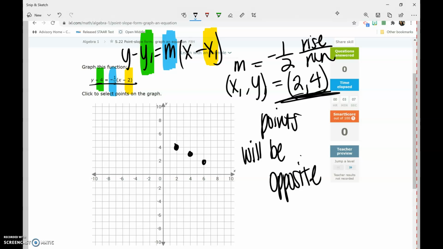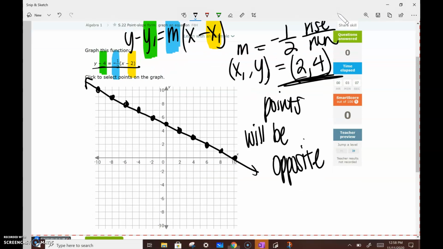So down 1 over 2, down 1 over 2, down 1 over 2. Then up 1 over 2, up 1 over 2, up 1 over 2, and so on and so forth. And then I draw my line. And that's it.